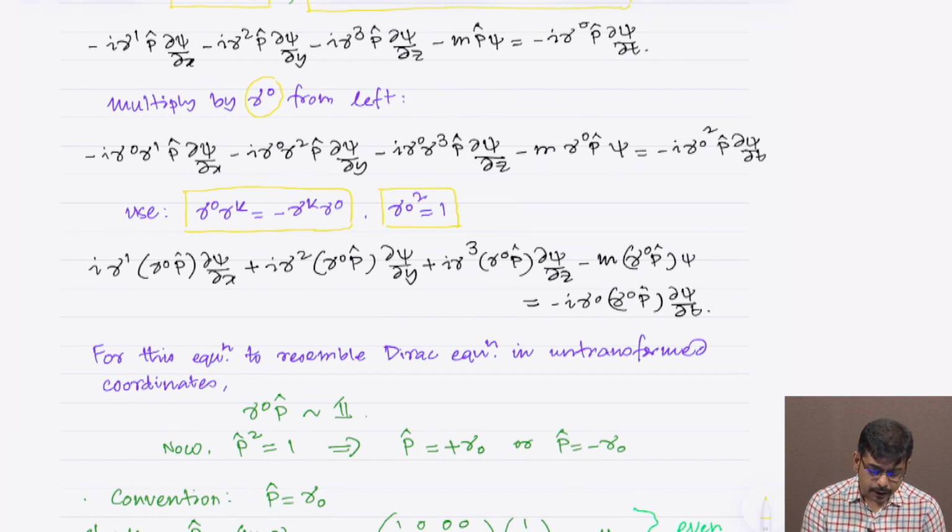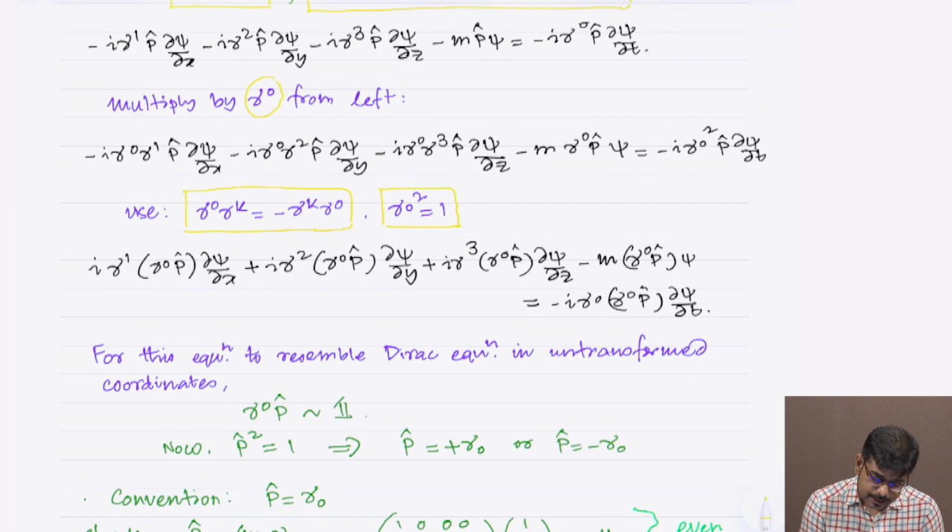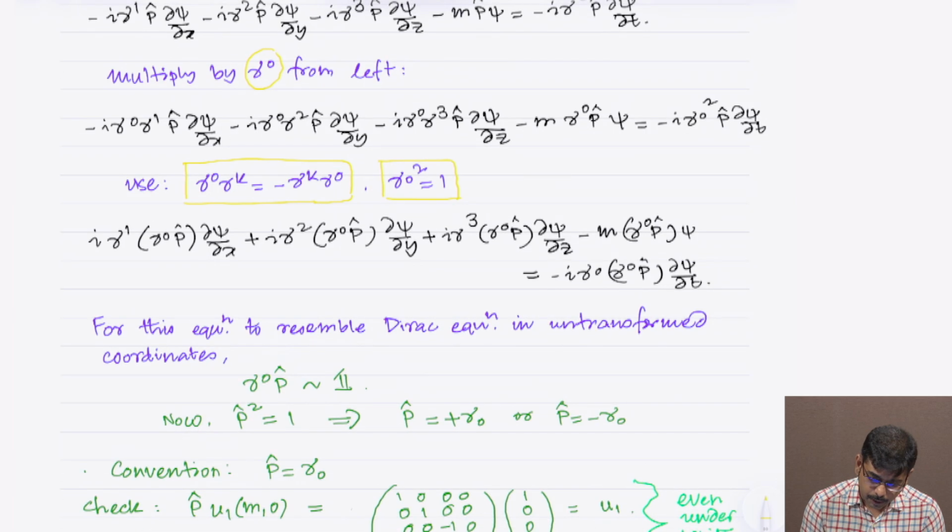So, now I can take this gamma 0 from left to right of each of these gammas. This eats up the sign, and what I obtain is i gamma 1 gamma 0 P del psi del x plus i gamma 2 gamma 0 P del psi del y plus i gamma 3 gamma 0 P del psi del z minus m gamma 0 P psi is equal to minus i gamma 0 P del psi del t.